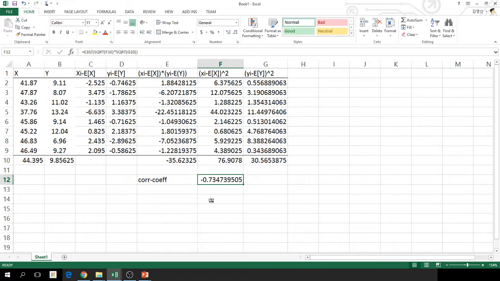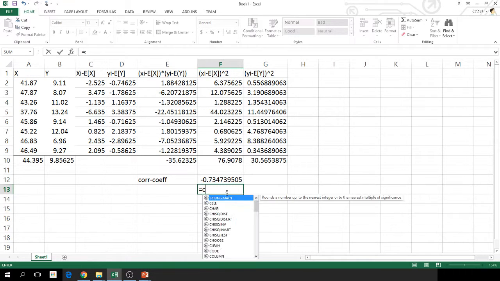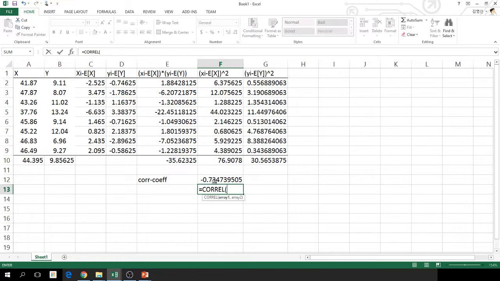So when x moves up, then y moves down. When x moves down, then y moves up, relatively. Okay. Instead of using this complex method, we can just use one function of Excel, correlation, between array 1 and array 2.